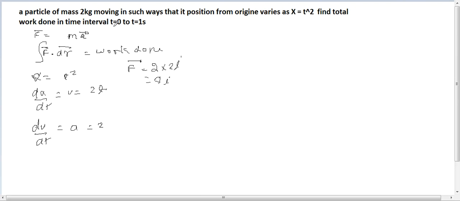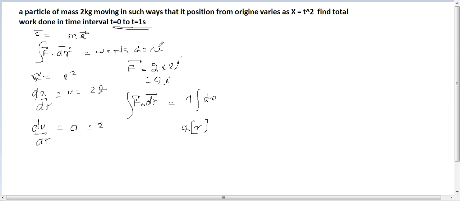Now after that we have to find displacement. So if you look at this integration, f dot dr, or you can say f dot ds, here f is constant, so this becomes 4 and this becomes dr, so basically 4r. We have to find r, what is the displacement?